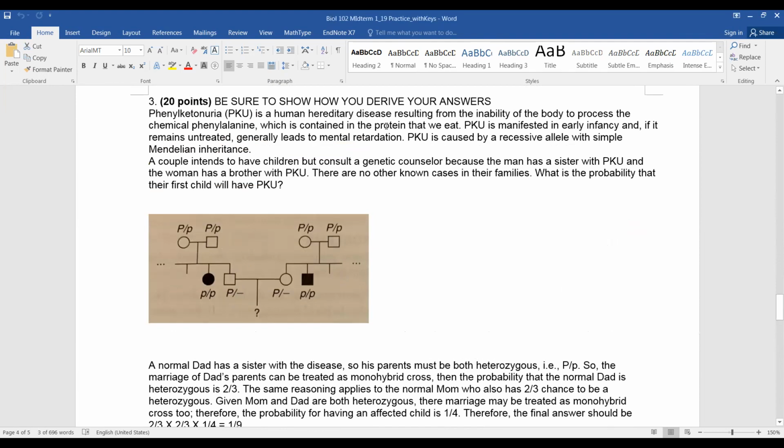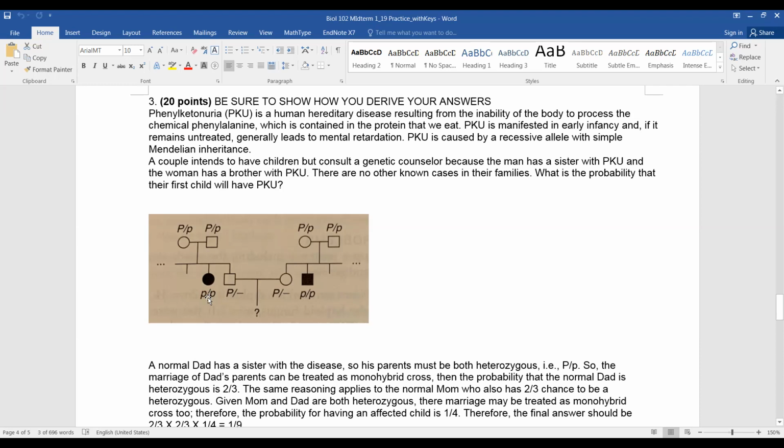So for this one, we are talking about an autosomal recessive disease. We are interested in this family. This man and this lady are normal. The problem is that this man has a sister who is affected by the disease.